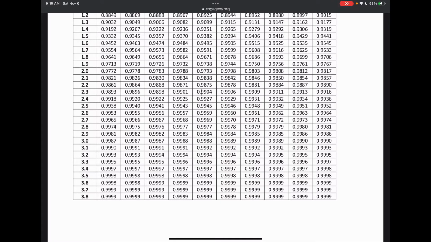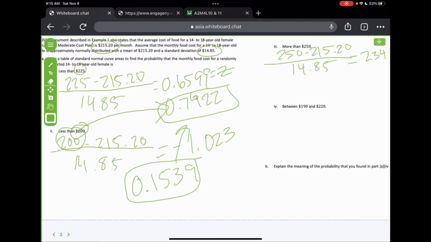That's 0.9904. But remember, we're looking for more than, so we're going to subtract it from 1. So 1 minus 0.9904 is 0.0096. So barely even 1%, and we'd round it to get 1% of the values.